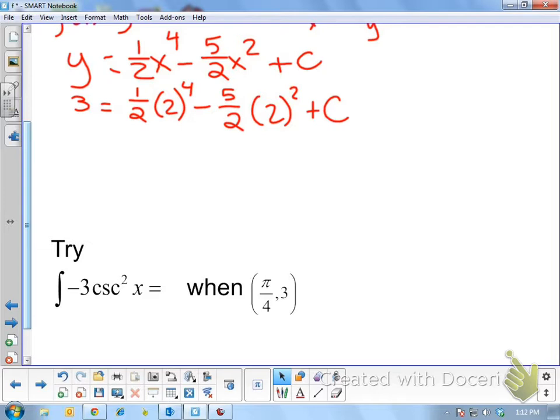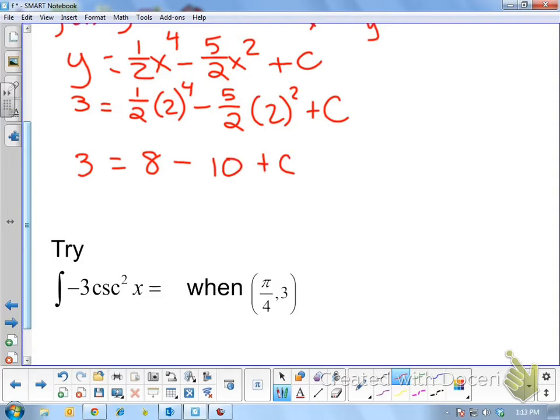So now we just solve for c. Now it's just down to algebra. 2 to the 4th, 16. Yes. 16 divided by 2 is 8. Minus 2 squared is 4. I'm going to divide by 2 first. 4 divided by 2 is 2. 5 times 2 is 10. And you don't have to skip some of these algebra steps.